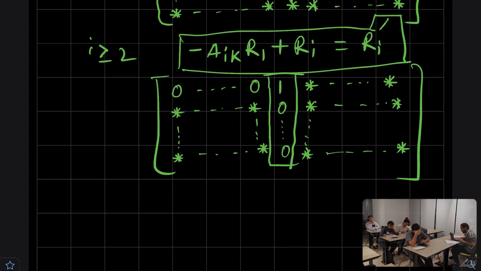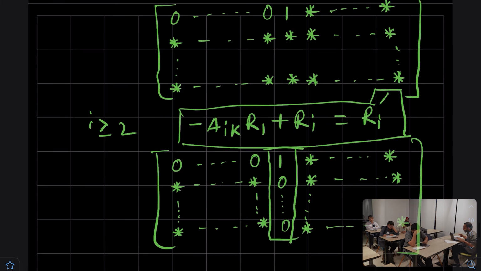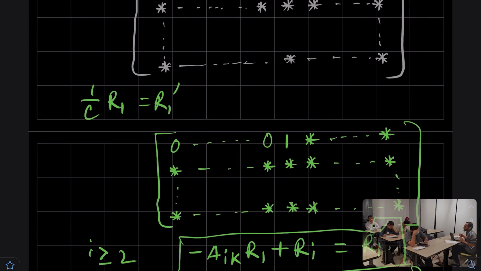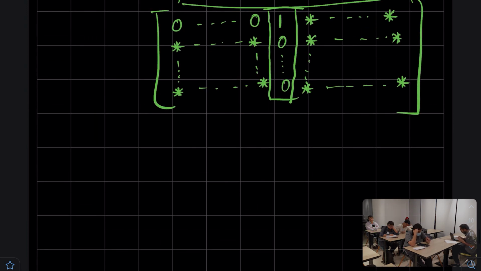So the first entry that is not 0, what I can do for the second row is take the first elementary row operation, what I did here, in the second row as well, to make it a leading one.